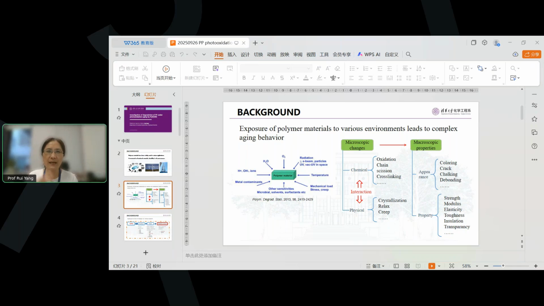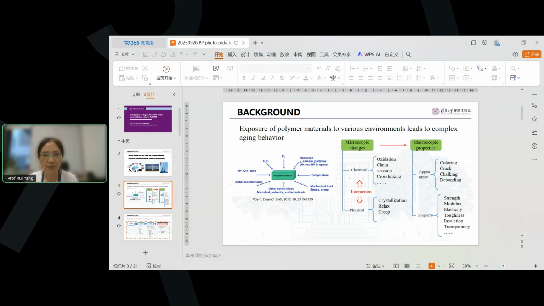When we look at the small molecular degradation products of PP, we'll find that for unaged PP, with and without antioxidant, there are nearly no degradation products before aging.